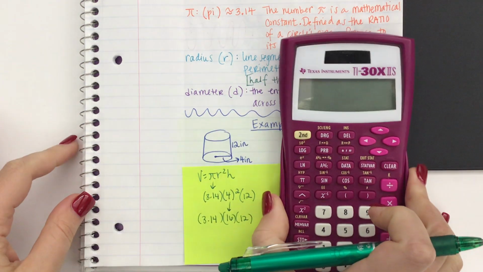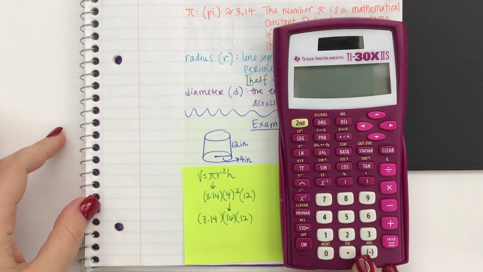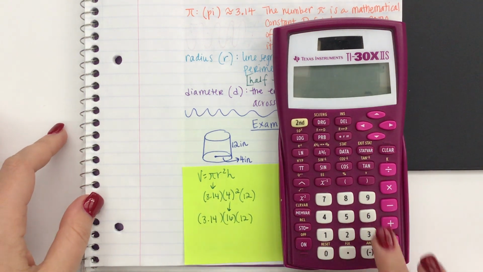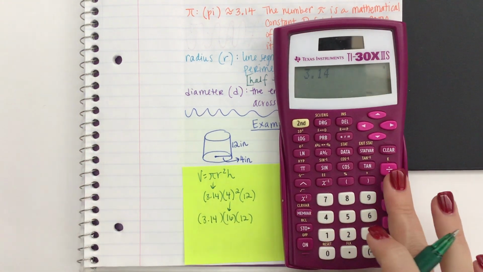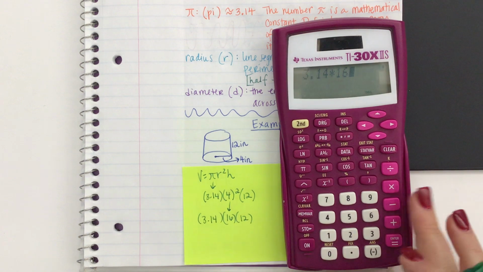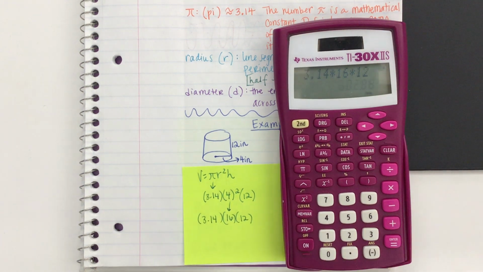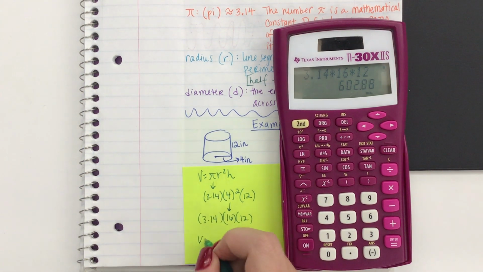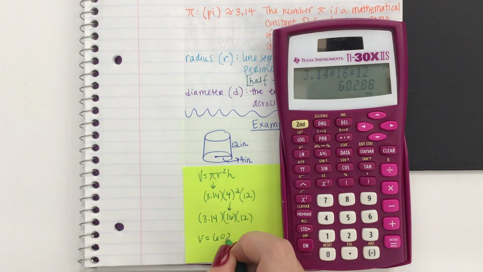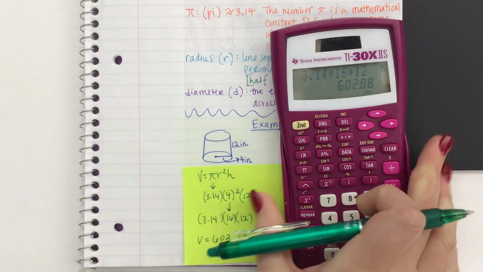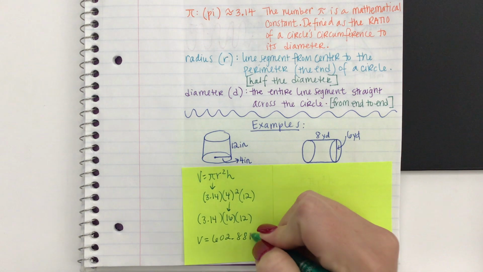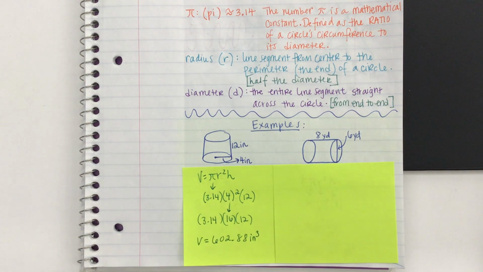Then I'm going to take my calculator. This is my favorite calculator to use. And I'll plug in 3.14 times 16 times 12, and I get volume is equal to 602.88, and then we have to label it in units cubed, so inches cubed.